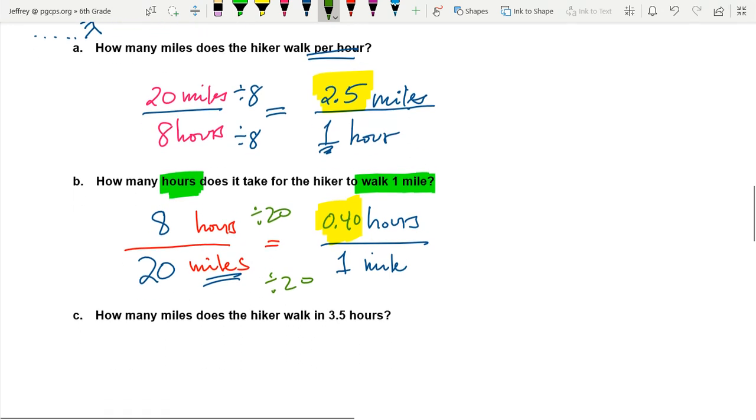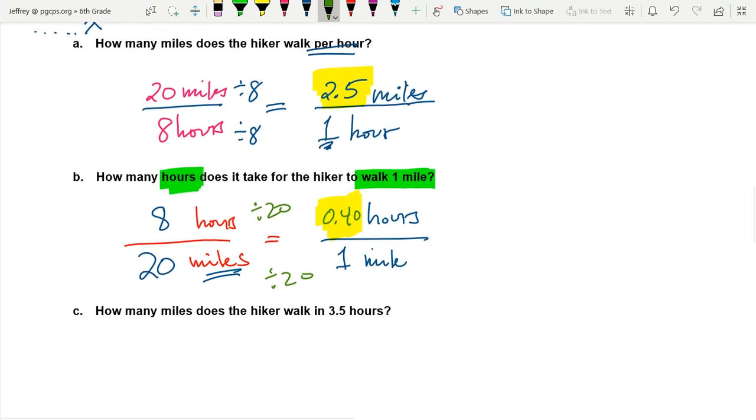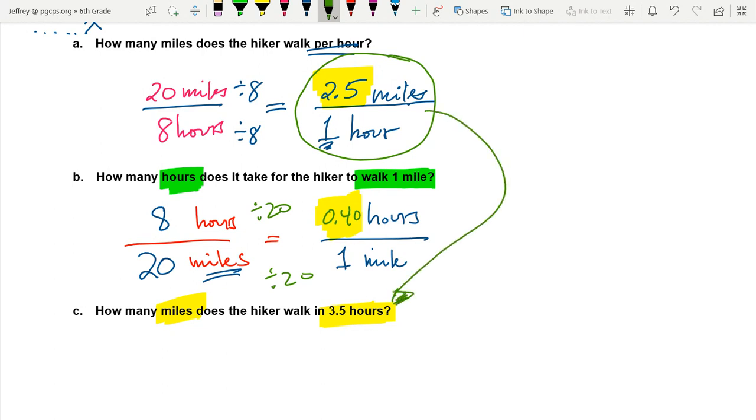Let's do part C. Part C says, how many miles does the hiker walk in 3.5 hours? Based on our previous information, we know that the hiker walks 2.5 miles in an hour. We're going to use this information to answer this problem. Why?